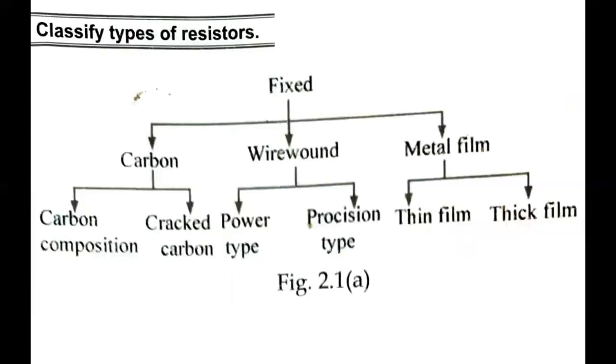This is the classification of the resistors. Fixed resistors and variable resistors. Fixed resistors are classified into carbon resistors, wire wound resistors, and metal film resistors. Again, carbon resistors are classified into carbon composition and cracked carbon.